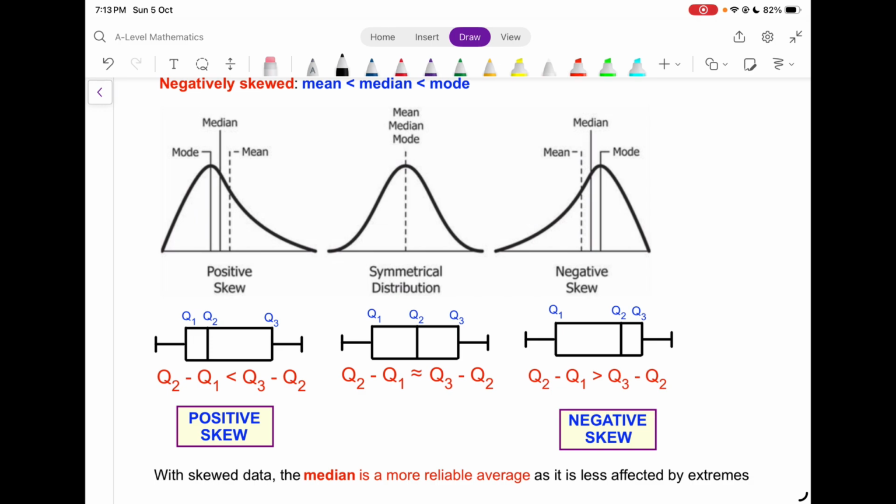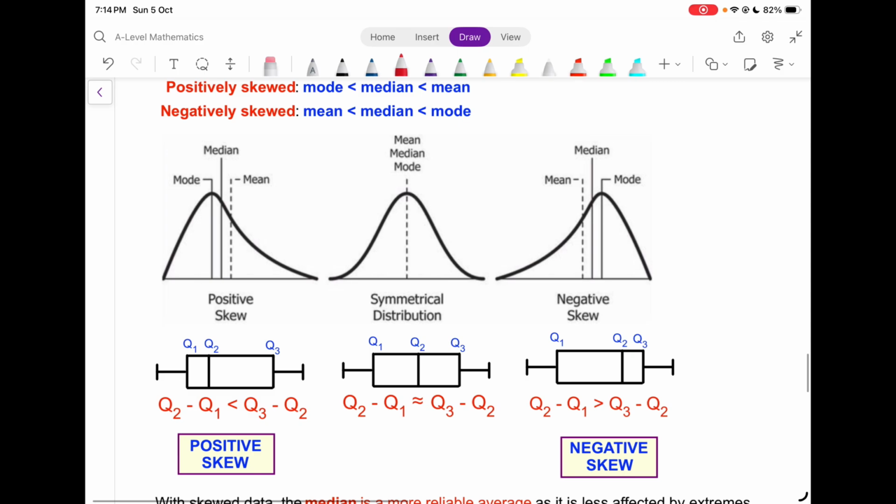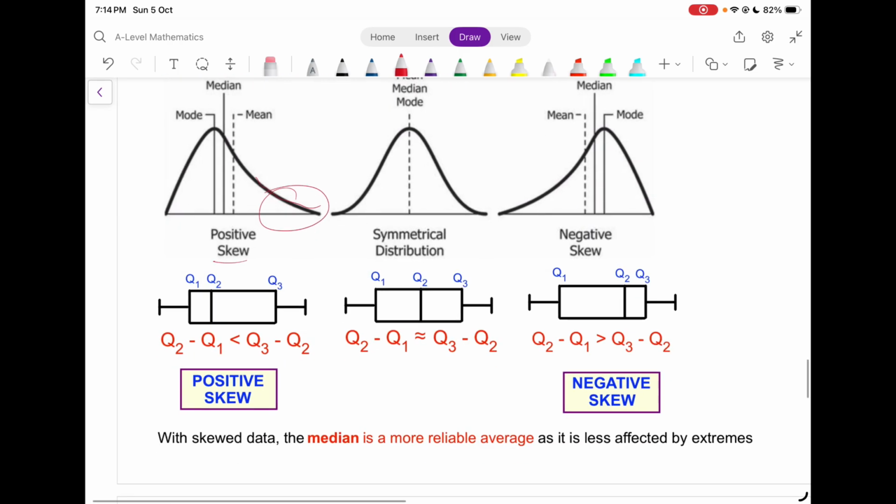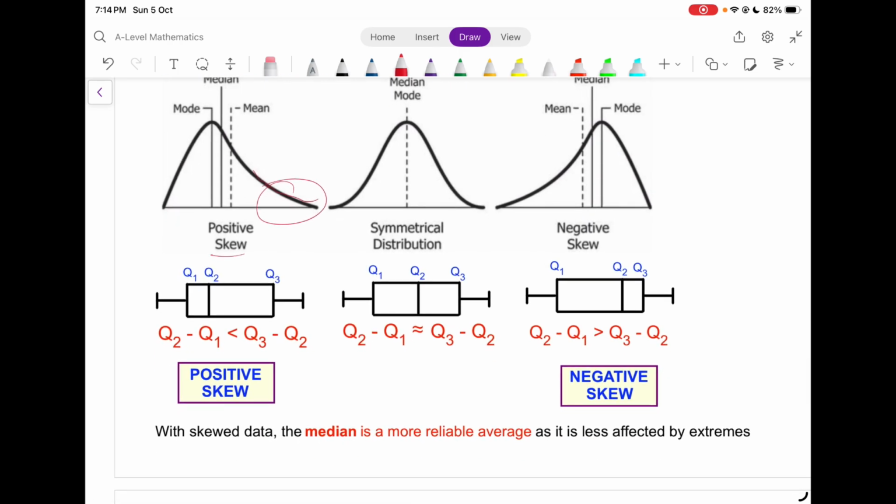If the upper quartile minus the median is bigger than the median minus Q1, that is a positive skew. The way I think of it, the positive skew has its tail on this side, and vice versa for negative. What if it's approximately the same, maybe the difference is only 0.1? Then I would call it a symmetrical distribution, roughly 50-50.